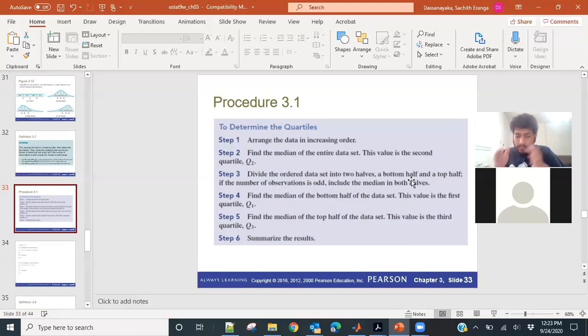The bottom half is the first part, and the top half is the second part. Next, find the median of the bottom half, which is Q1. Again, we find the median of the top half, which is Q3.